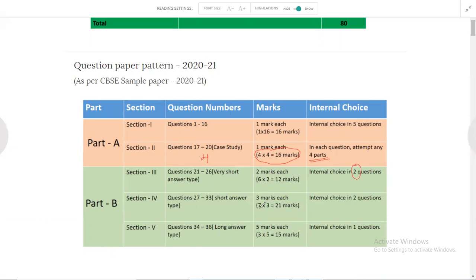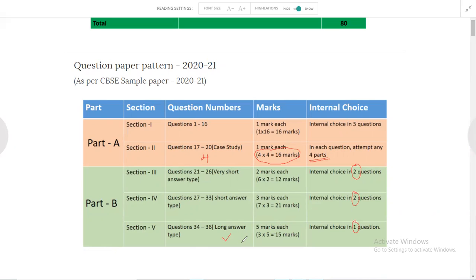There will be 7 questions of 3 marks, with internal choice again in 2 questions, and only 3 questions of 5 marks, total 15 marks from this last section, with internal choice in 1 question.